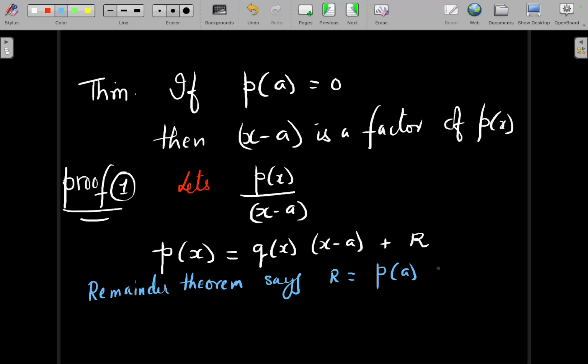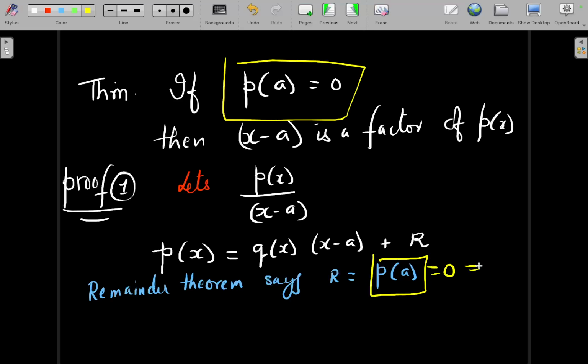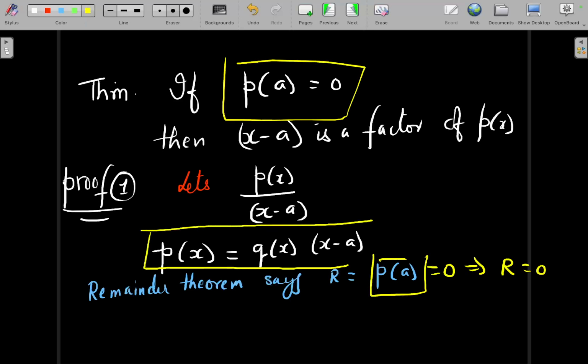But we started off by saying that p of a is 0. It is given that p of a is 0, and this would imply that R is equal to 0. Now if R is equal to 0, you can get rid of this term completely, and you have p of x equal to x minus a into something which we are calling q of x.